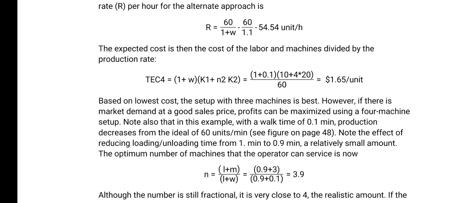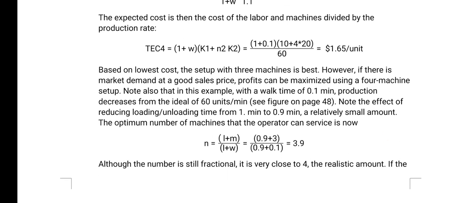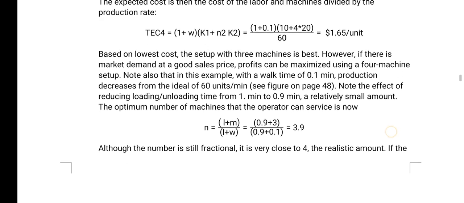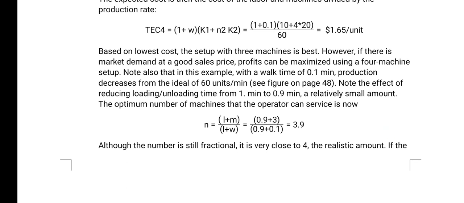Production decreased from the ideal of 60 units per hour. Now, the effect of a reduction in loading or unloading time from 1 minute to 0.9 minutes gives a relatively small change in the number of machines that one operator can serve. So n is 3.9. Although the number is different, it is very close to 4.